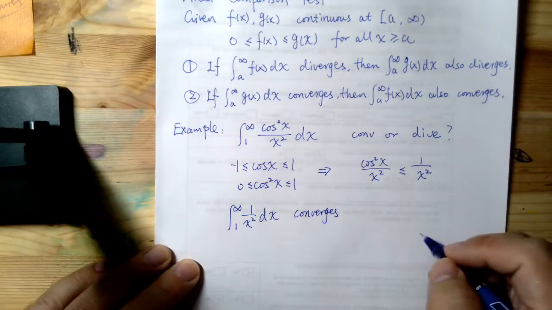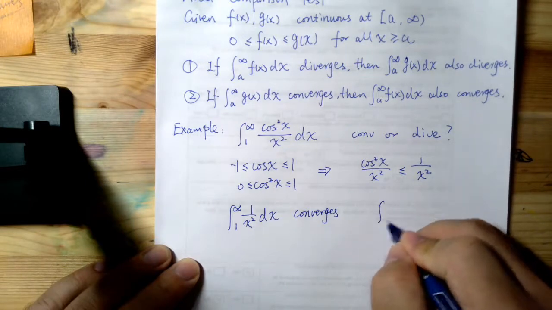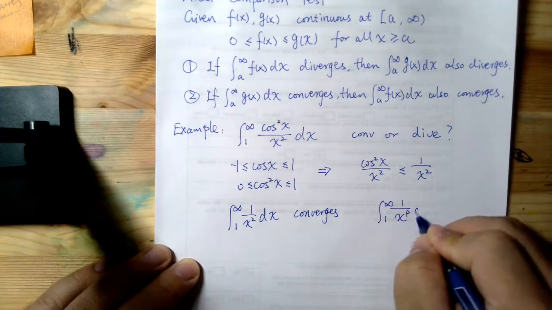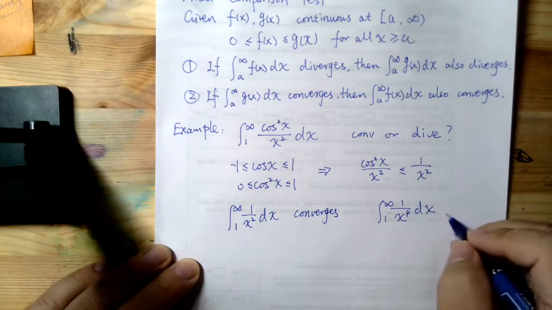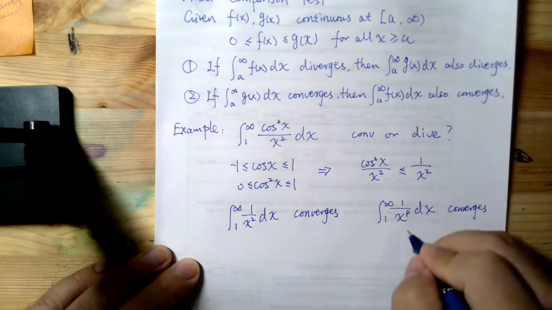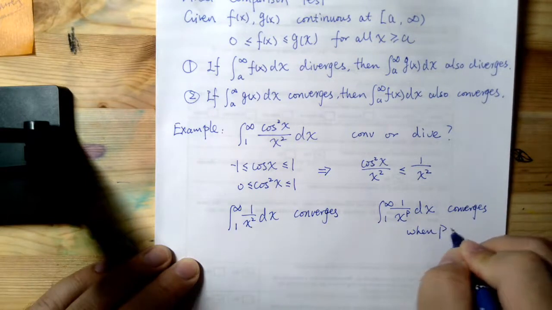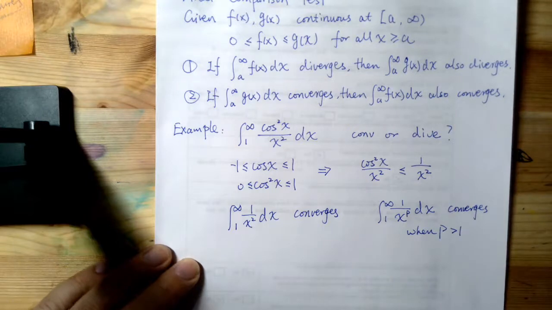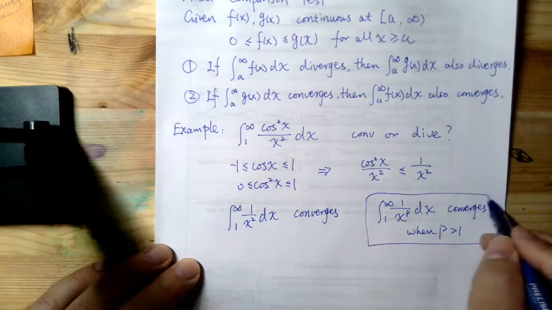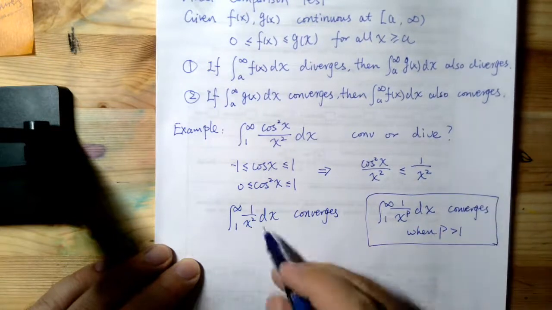I can also show you here, the integral from 1 to infinity of 1 over x to the power of p dx converges when p is greater than 1. So this is the supporting information for this part.